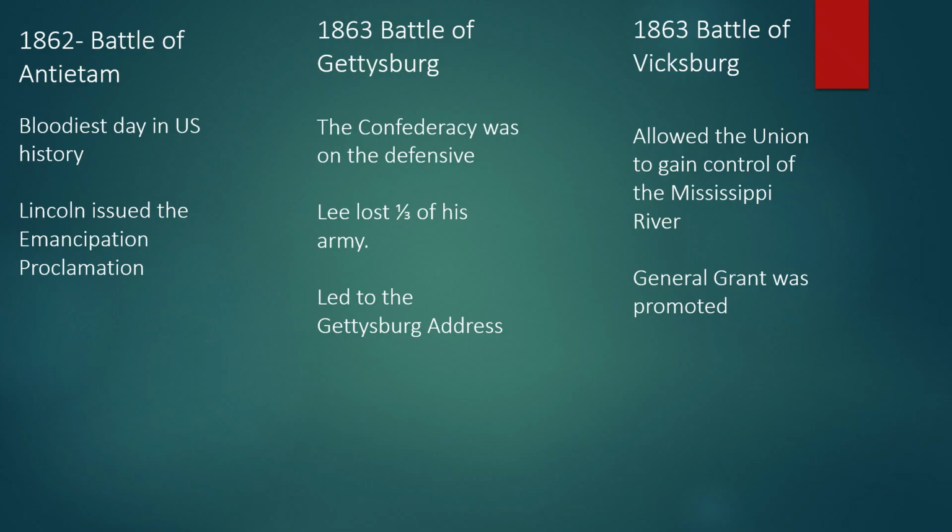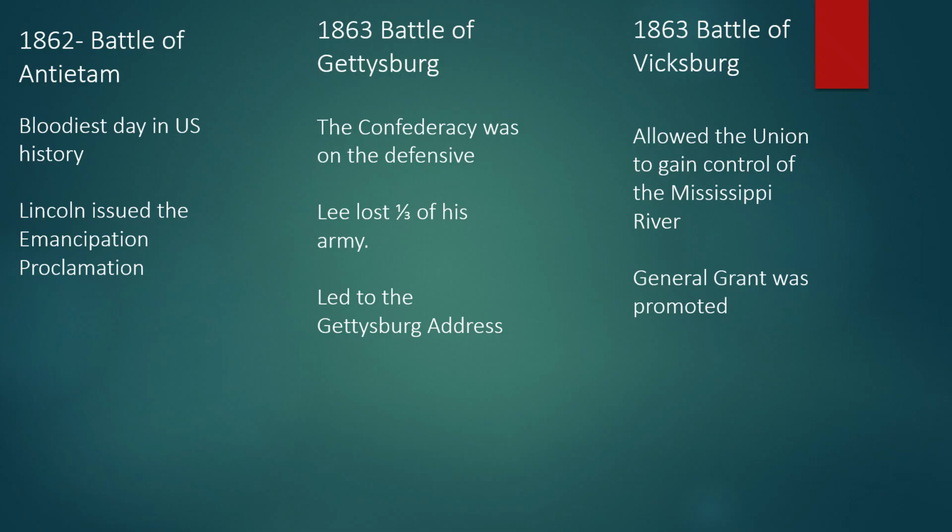Okay, then we have the Battle of Vicksburg. This is going to be fought from May 18th to July 4th, 1863. And this is known as a very strategic, important battle. It's a victory for the Union. It takes place at the same time as the Battle of Gettysburg.